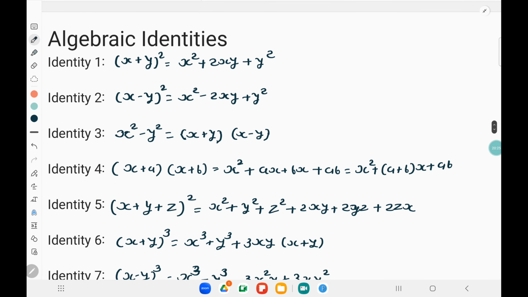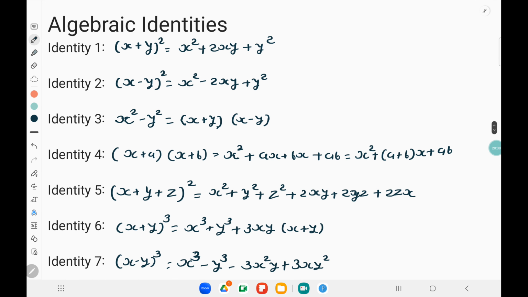Okay, algebraic identities. Let's see these identities. First, in a bracket x plus y bracket close square. So x plus y whole square is x square plus 2xy plus y square. This one we already learned in a previous class.